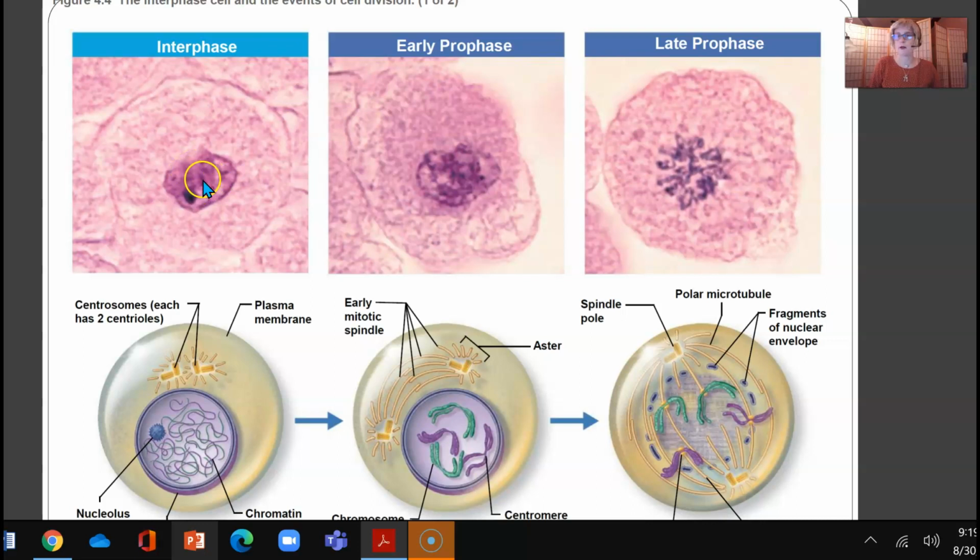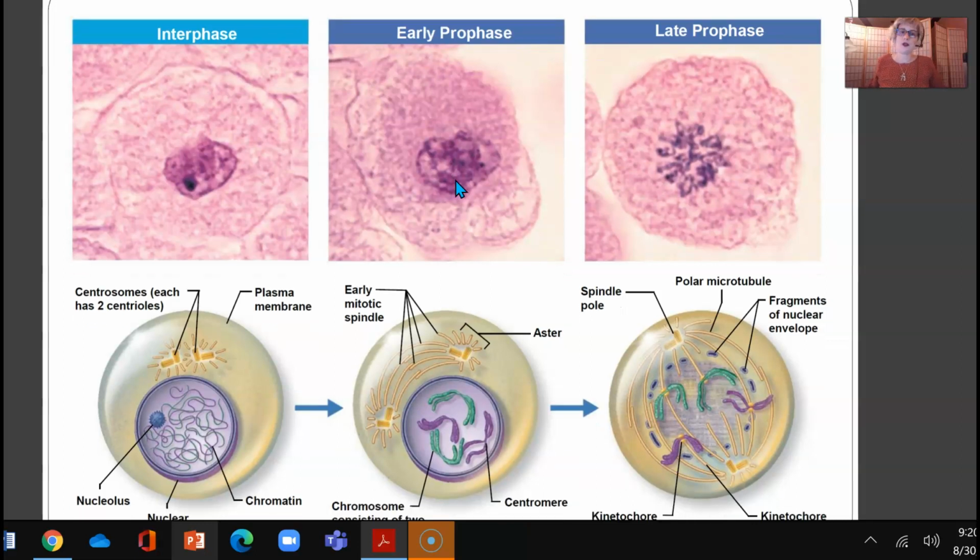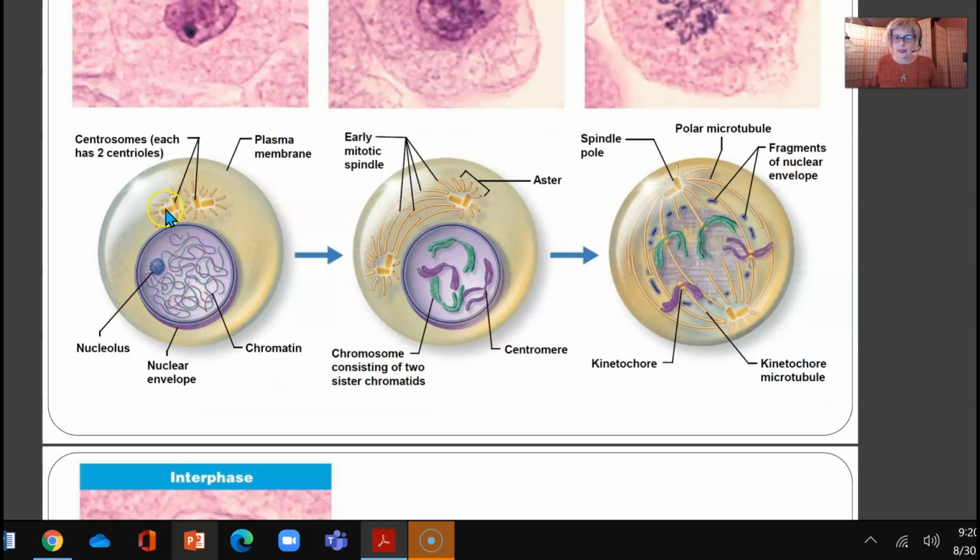Now, when the cell starts the first phase of mitosis, early prophase, you will start to see the breakdown of the nuclear envelope. The nuclear envelope breaks down, and notice in interphase you saw the nucleolus. In early prophase, the nucleolus disappears. And the chromatin transforms into chromosome, so it condenses. We have chromatin here, looks like spaghetti, or more like linguine.